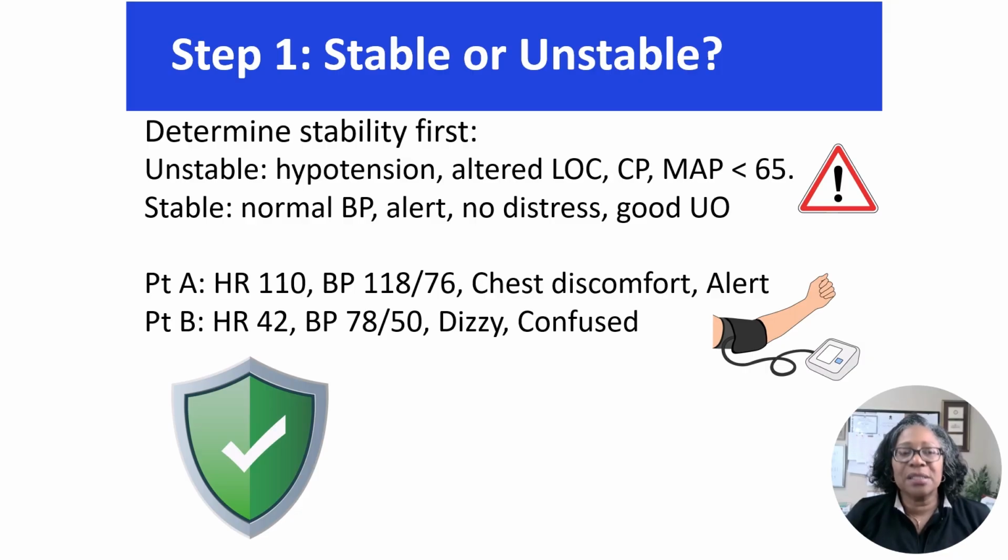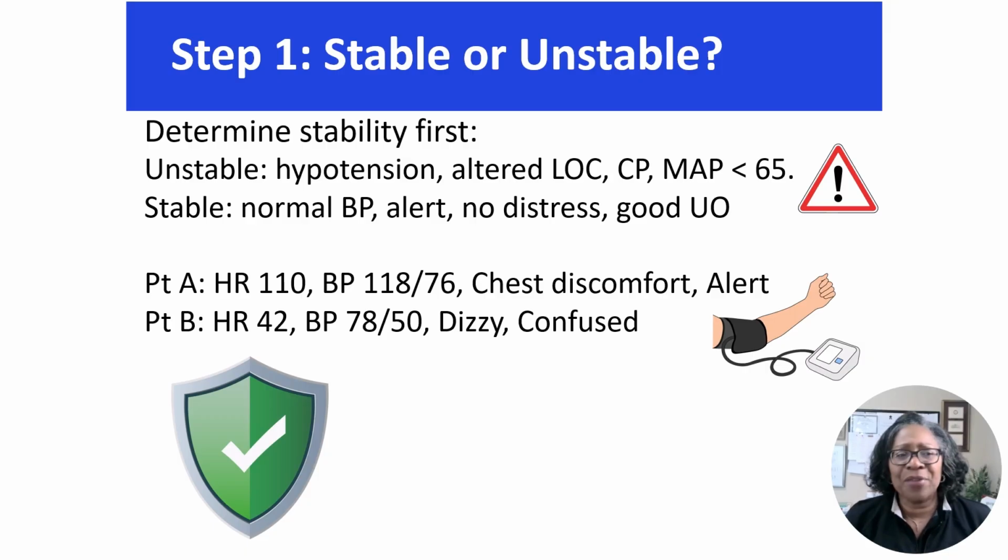Unstable looks like hypotension, an altered mental status, chest pain with diaphoresis, decreased urine output because the kidneys aren't being perfused, because there's a perfusion issue, a new dysrhythmia with symptoms, and a MAP below 65. Now, a stable patient would look like normal blood pressure, alert and oriented, no active chest pain, adequate urine output.